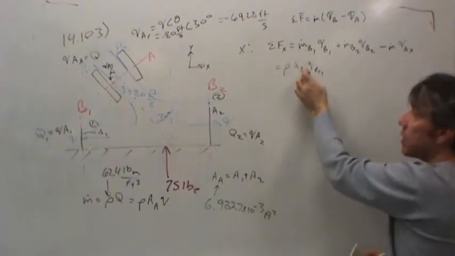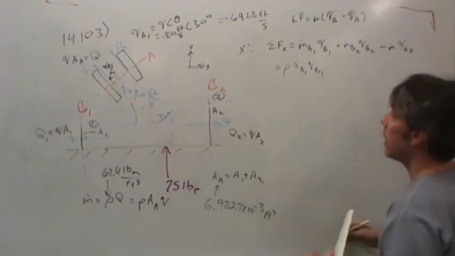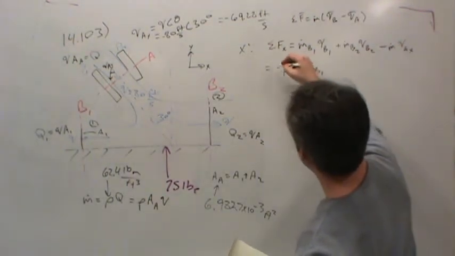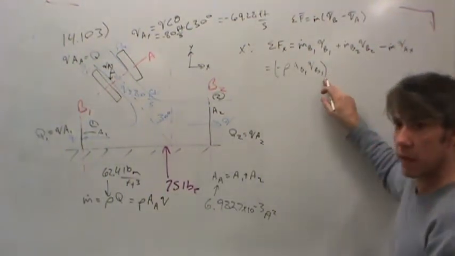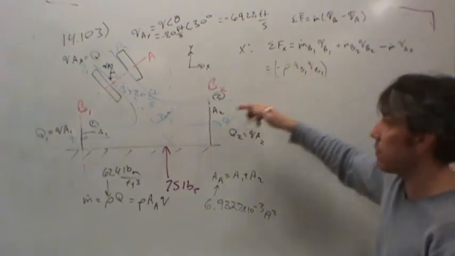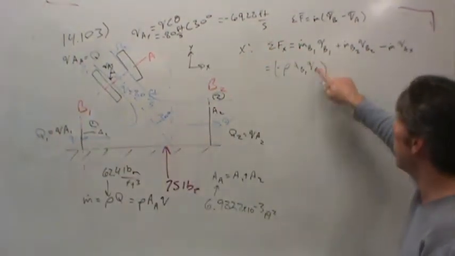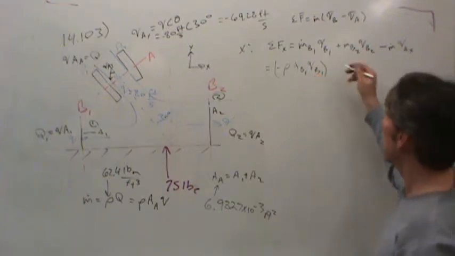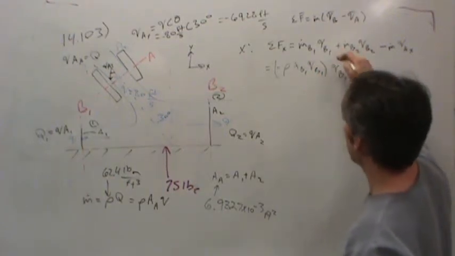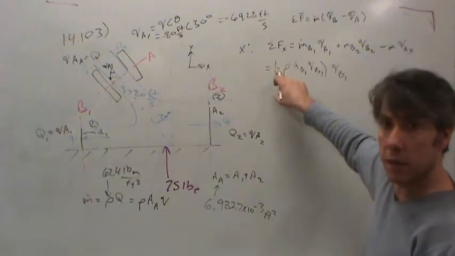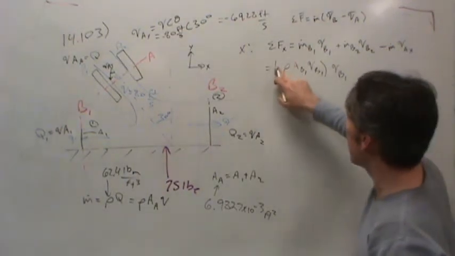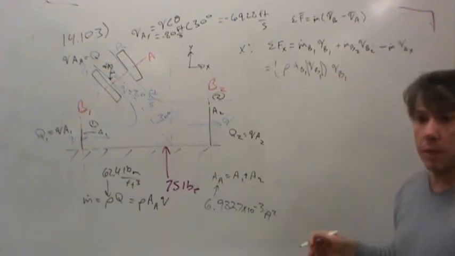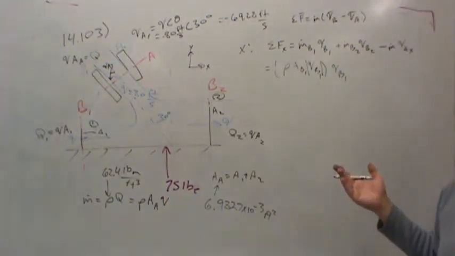And I need a positive thing, but VB1 is going to be negative, so I've got to stick a negative sign on it. Does that make sense? Do you see why I have to do that? I'm just trying to get a positive mass flow rate here, but when I plug in VB1, I'm going to plug it in negative, because it really is a negative thing. Okay, and this VB1 comes from here. You guys understand why I had to put that on? Another way we could do this is I just need the absolute value of VB1, because I'm trying to get a mass flow rate. So if you want to think about it that way, that's fine too.